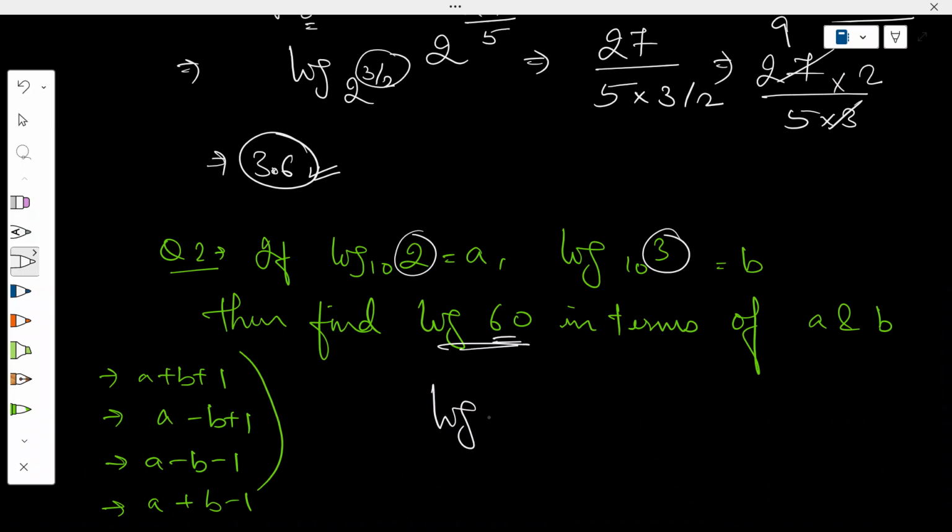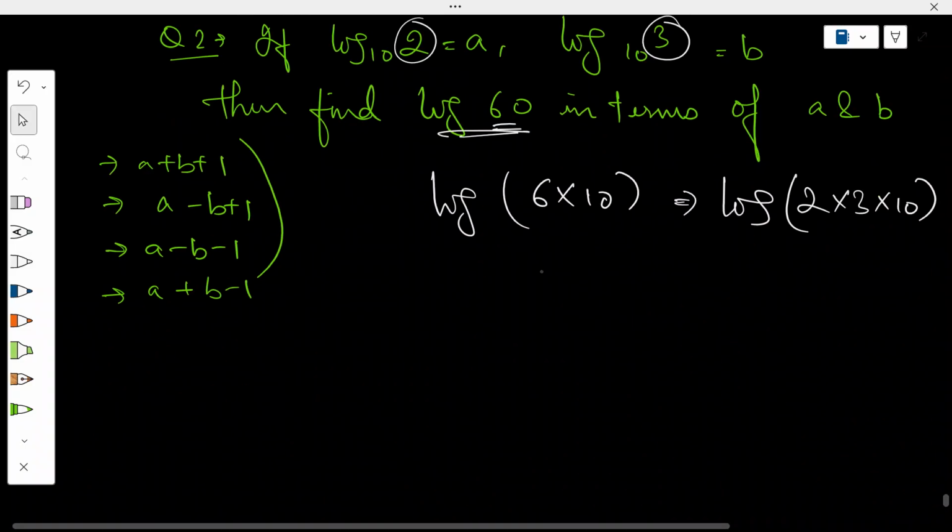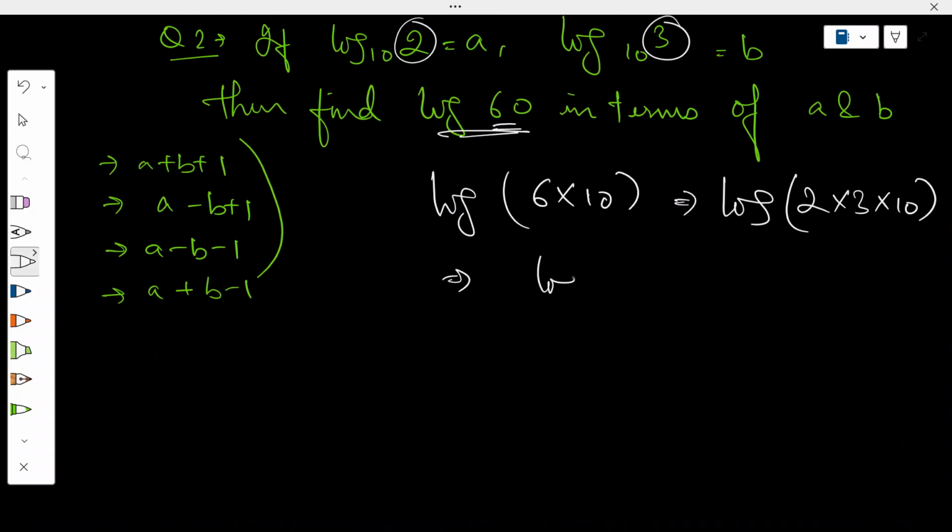So what we can do is, we can write 60 as 6 into 10. We can write 6 as 2 into 3 into 10. Then we can express this as log 2, log 3, and log 10.